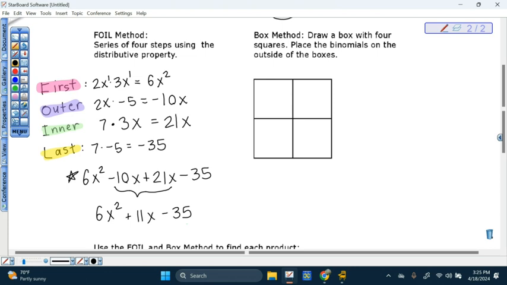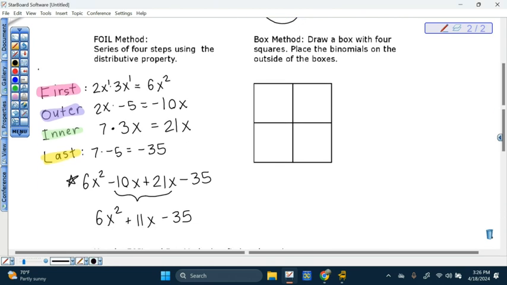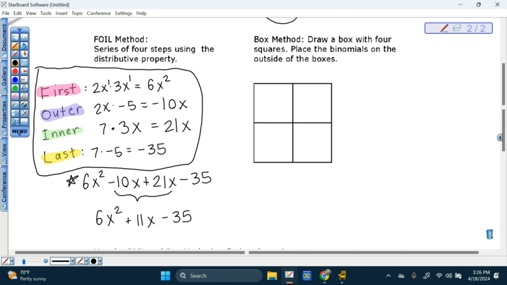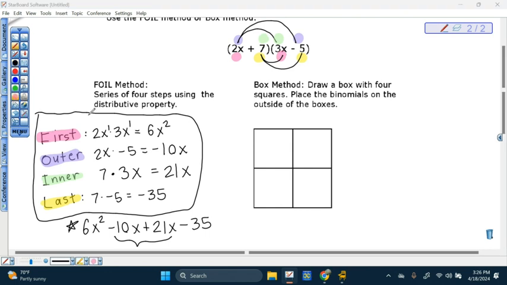What do you think? Okay? Now this, that scared me. I looked at them like, what? It looks more confusing than it is. Again, this part, I'm really breaking it down to show you this. You don't have to do this step. You can go right to here. Again, I look at my first times first. First times first gives me 6x squared, right? 2x times 3x, 6x squared.